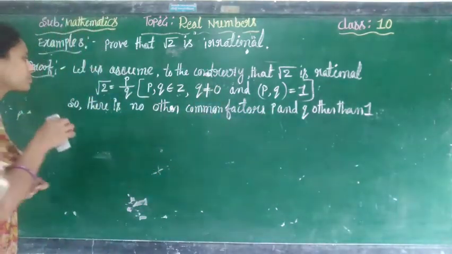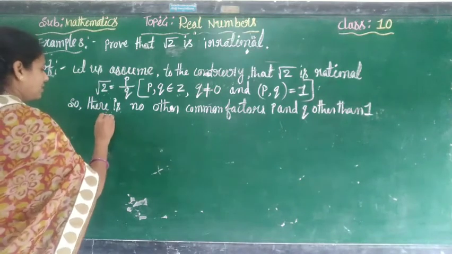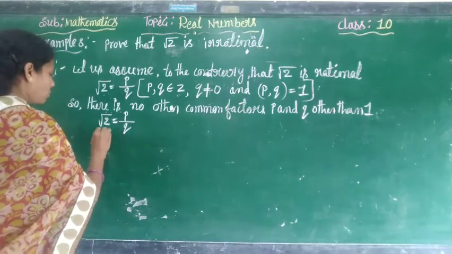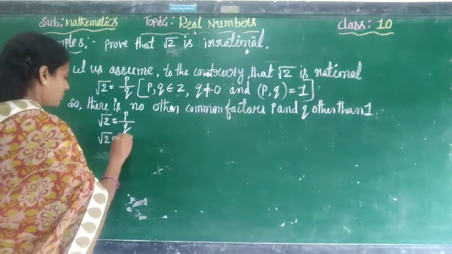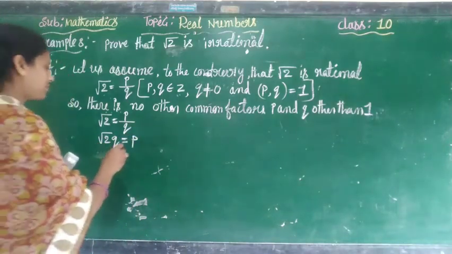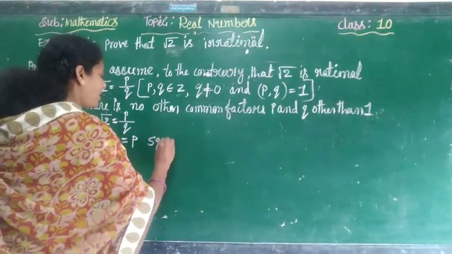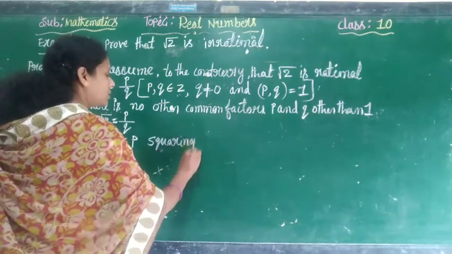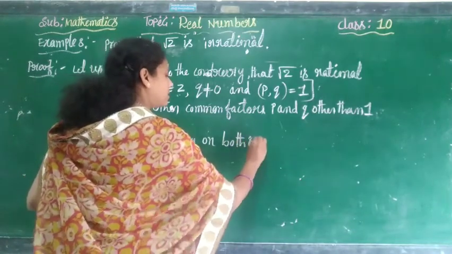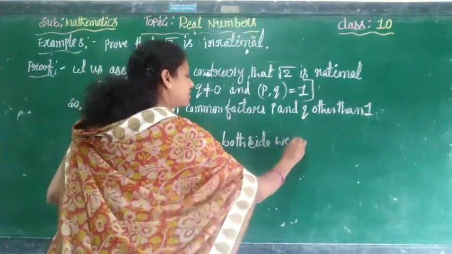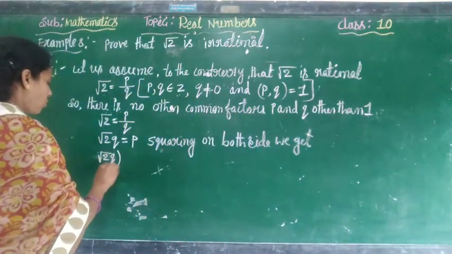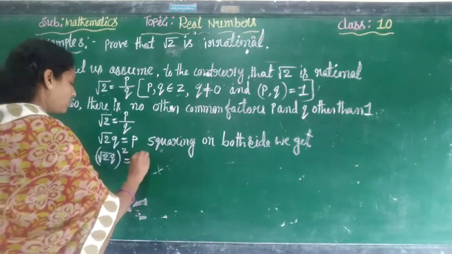So once again, P by Q, root 2 Q is equal to P, root 2 is equal to P by Q. So squaring on both sides, we get root 2 Q whole square is equal to P square.